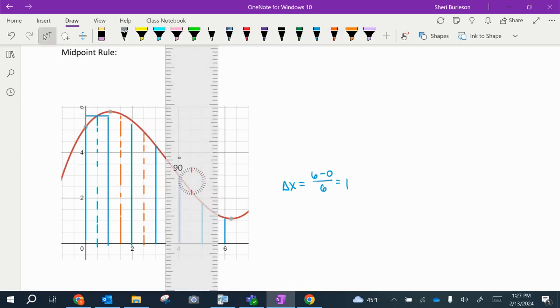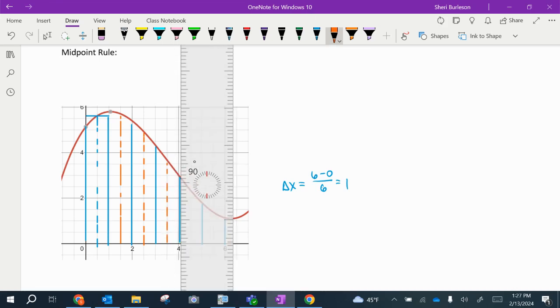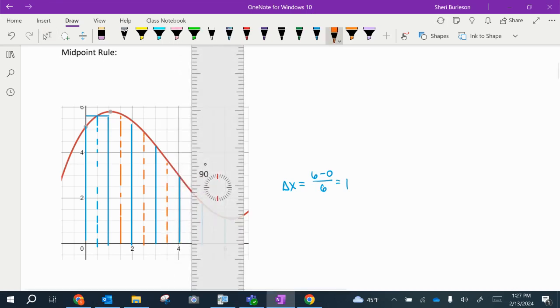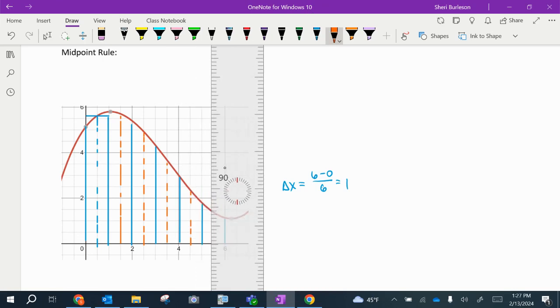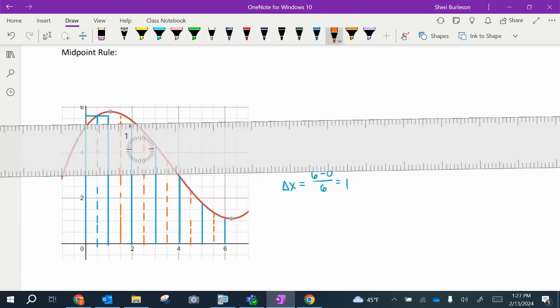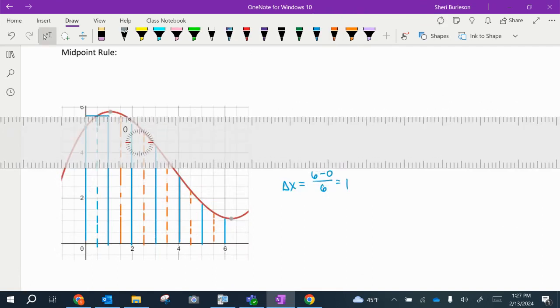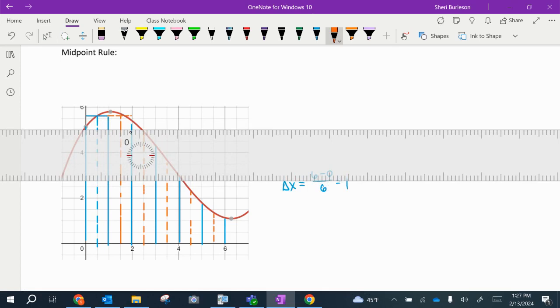And what we should be seeing for most of these is a little above, a little below, and it's going to be a better estimate than my left Riemann sum or right hand Riemann sum. So here I have my rectangle.